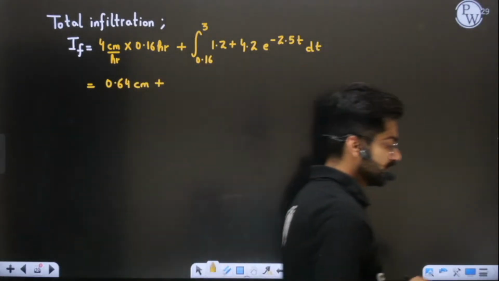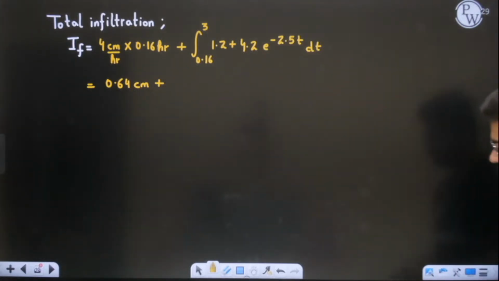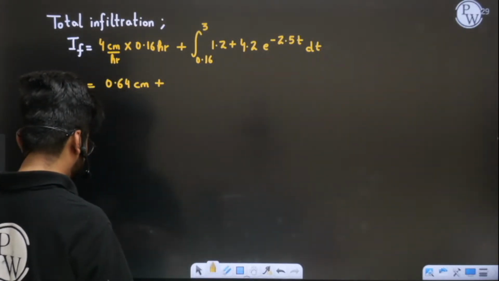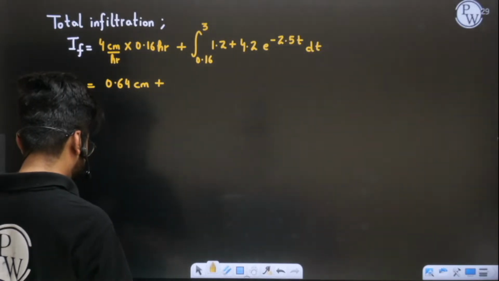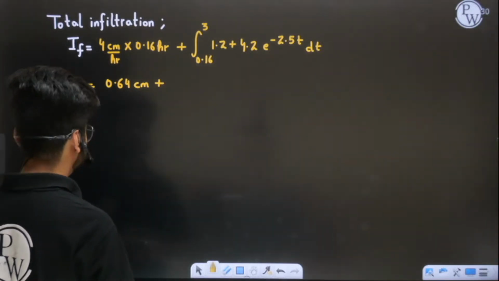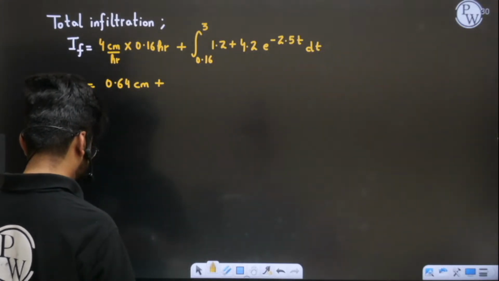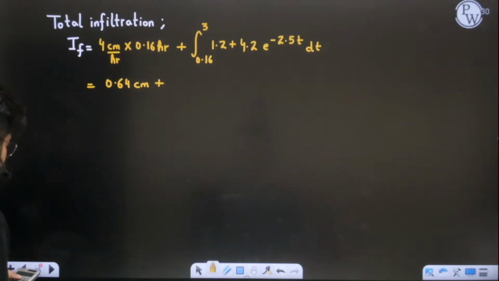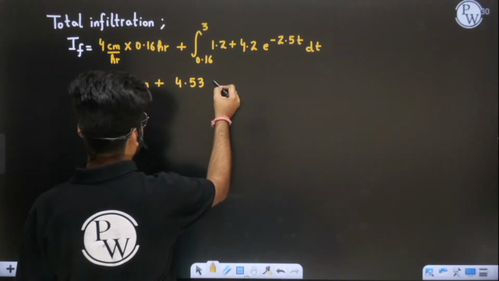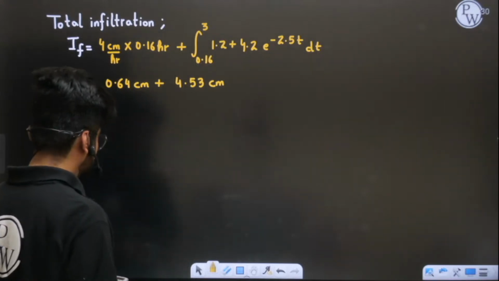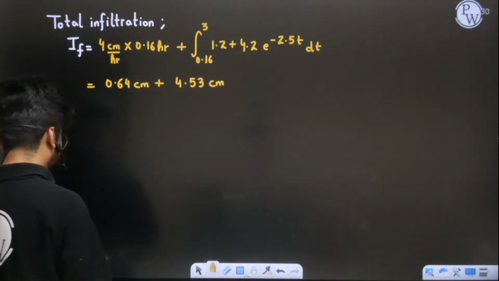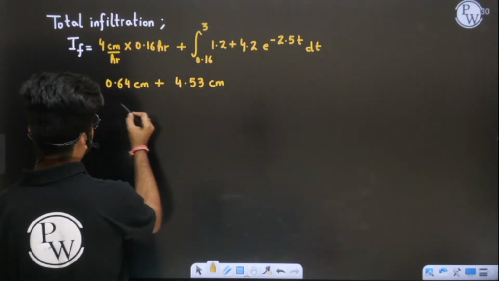For the integration, 1.2 plus 4.2 e power minus 2.5t with limits 3 and 0.16, we are getting 4.533, simply 4.53 centimeter here. So the total value will be 5.173, simply 5.17.